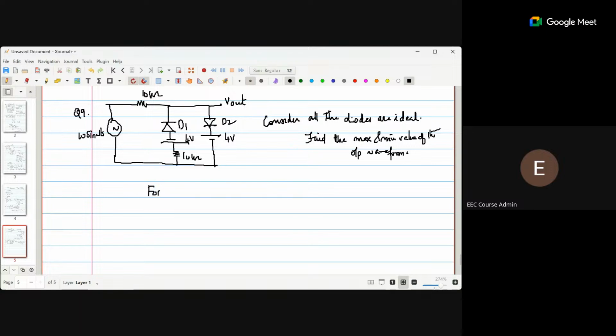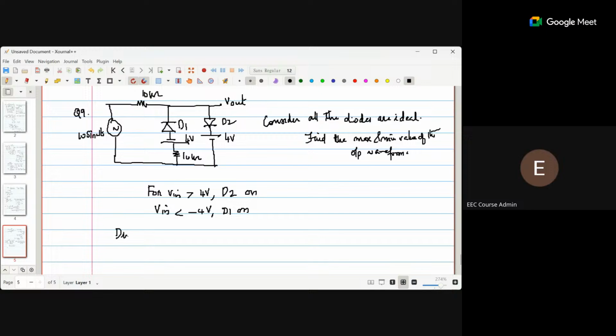So for V in greater than 4 volts, which one will be on? Which diode? D2 will be on. And for V in less than minus 4 volts, the diode D1 will be on.